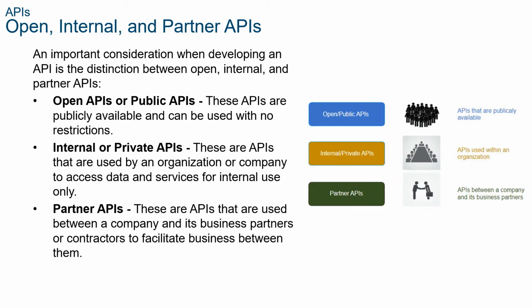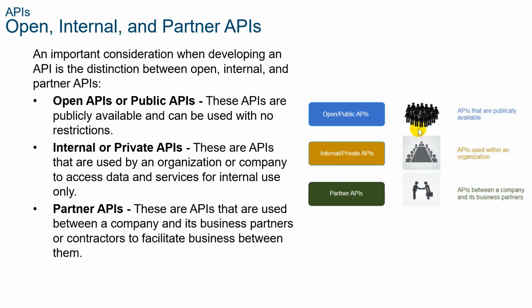Because these APIs are public, many API providers such as Google Maps require the user to get a free key or token prior to using the API. This helps control the number of API requests they receive and process. Search the internet for a list of public APIs.